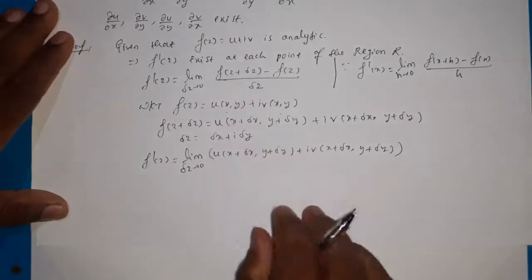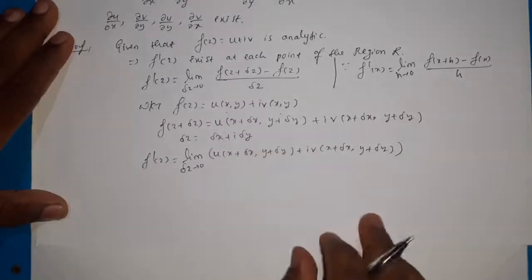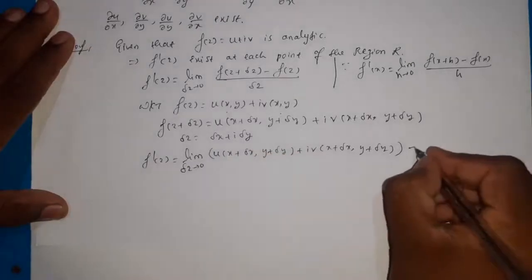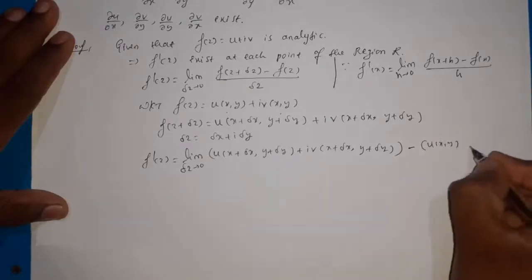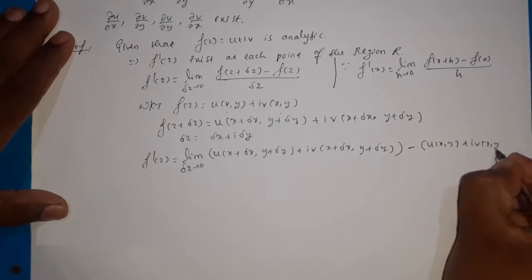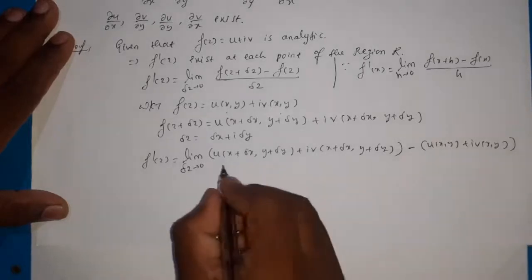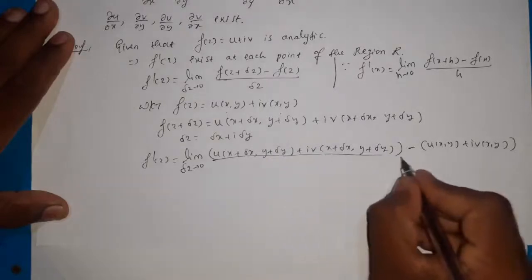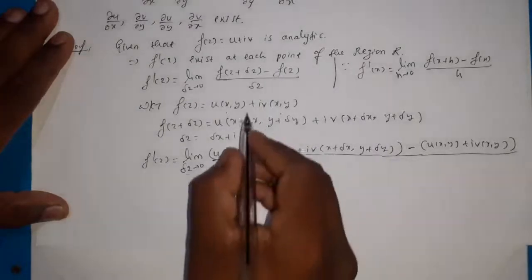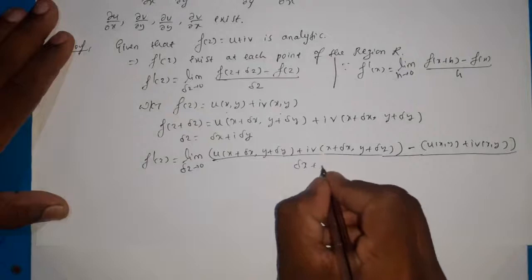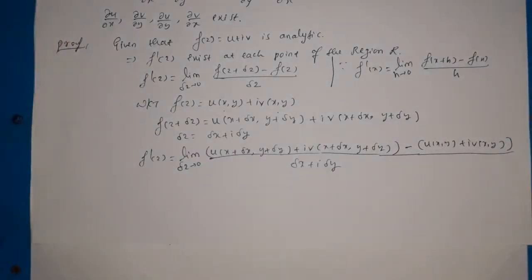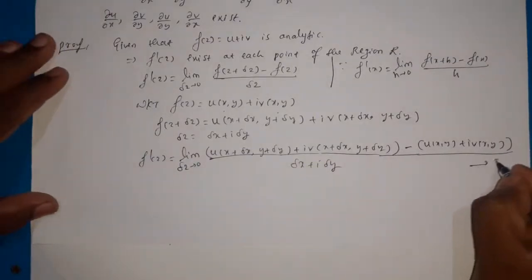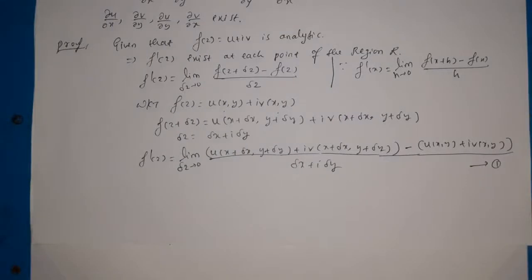This is u of f dash of z plus delta z minus f of z is u of x comma y plus I into v of x comma y whole divided by delta z, that is delta x plus I into delta y, and consider this equation as the first equation.